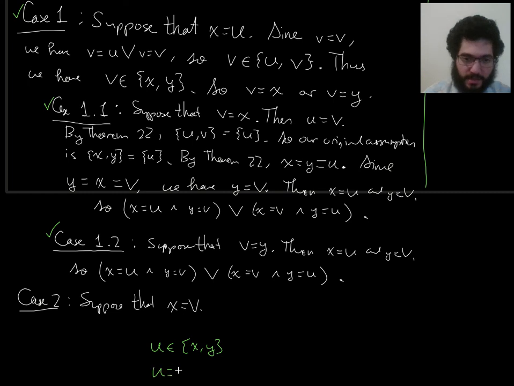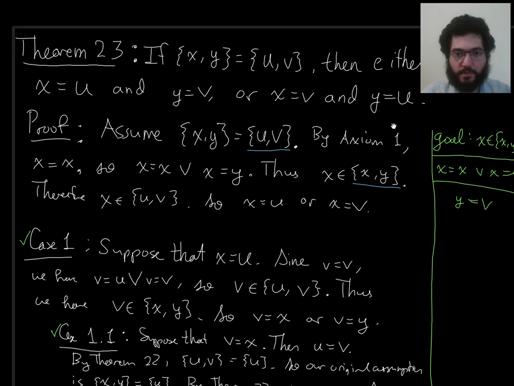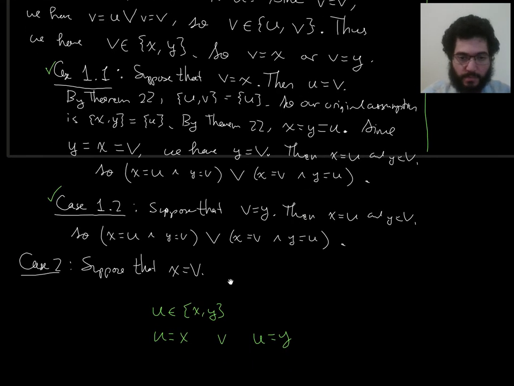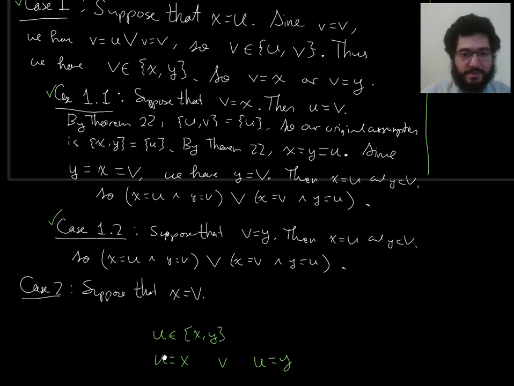So that would tell me that u is x or u is y. And then I would have two cases to deal with. In the case where u is y, I would be done because I would have the right side here: x is v and u is y. But in the case where u is x, I would have some more work to do. And that would be like case 1.1, the case where u is x, where it was more work.